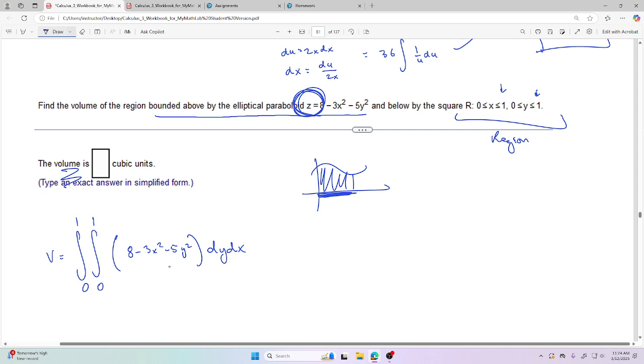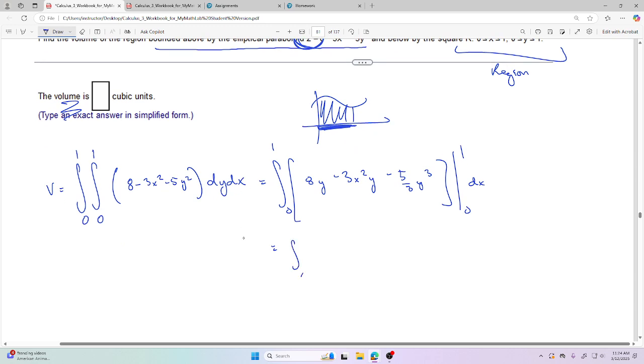In terms of y, I'd almost want to just ask you, but it's way faster if I do it. It's also more error prone. So, 5/3 y cubed, and I'm going to go 0 to 1 dx. I'm not trying to speed us through. I'm sure that you can integrate some polynomials, right?